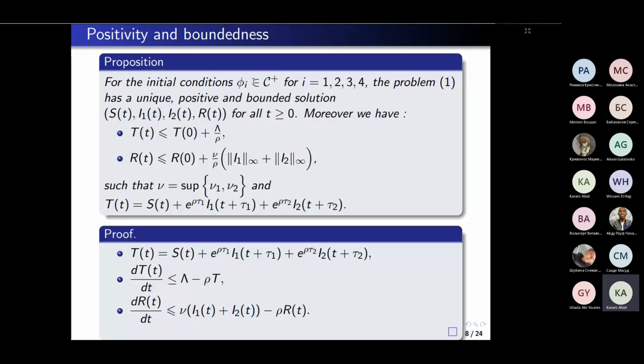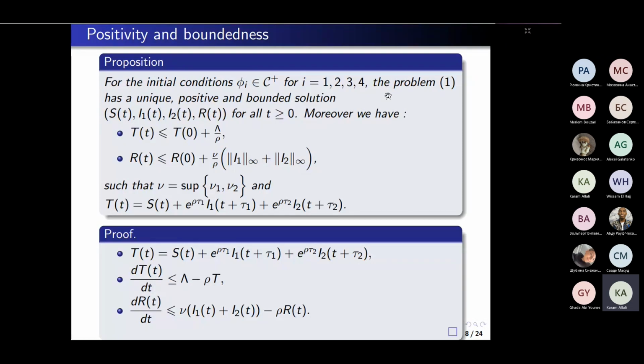For example, these are the initial conditions, defined on an interval because we have the problem of time delay. The time is not defined on one point, it is defined on an interval.